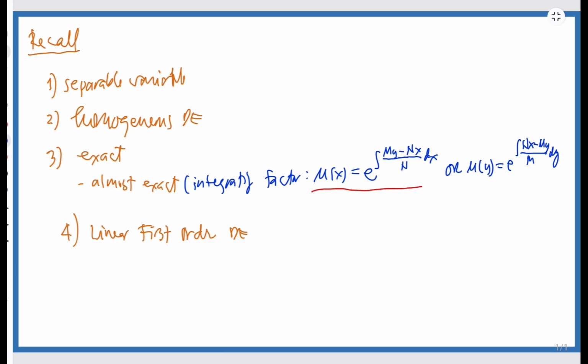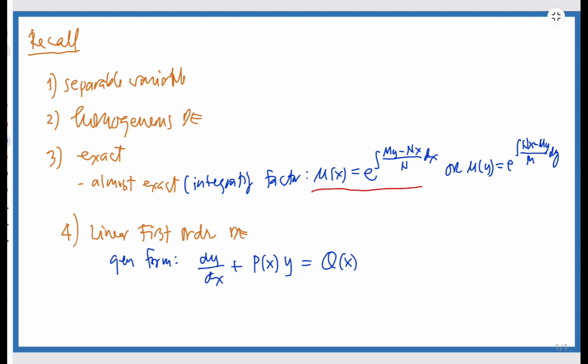This is of the general form dy/dx plus y with a coefficient which is a function of x. We call that p of x, multiplied to y, equals another function of x, say q of x. P and q are just names, you can use other letters.